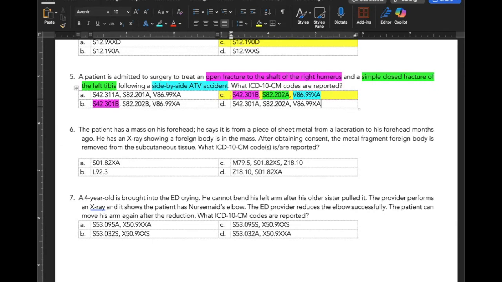Number 6, the patient has a mass on his forehead. He says that it is from a piece of sheet metal from a laceration to his forehead months ago. He has an X-ray showing that a foreign body is in the mass. After obtaining consent, the metal fragment foreign body is removed from the subcutaneous tissue.